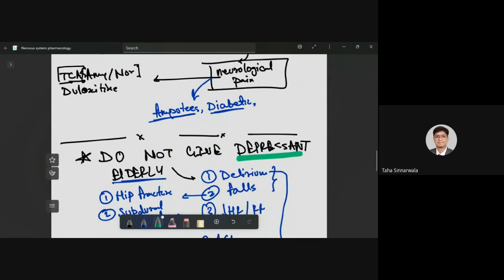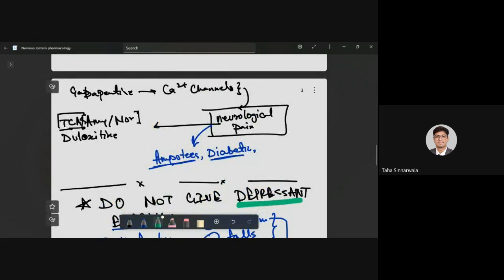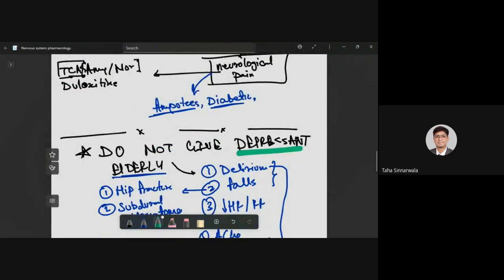That's why I wanted to put this topic here. So gabapentin and TCAs can cause sedation, so they can lead to an increased risk of falls. They can also lead to an increased risk of delirium in elderly people. Normally, if you're young and healthy, there's not much that they'll do, but they can lead to sedation in elderly, and that is what you need to remember.